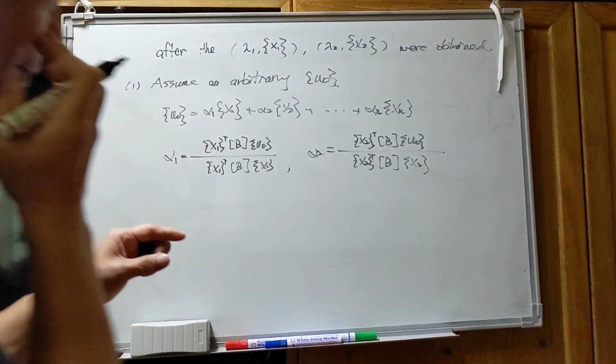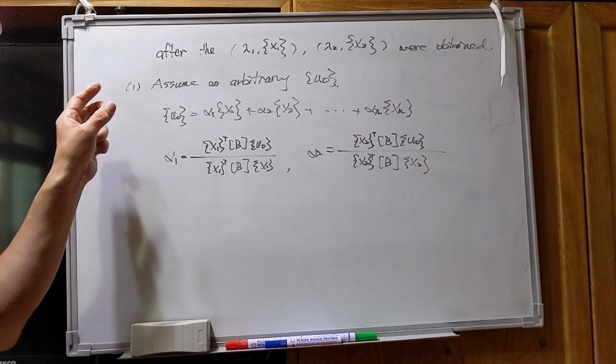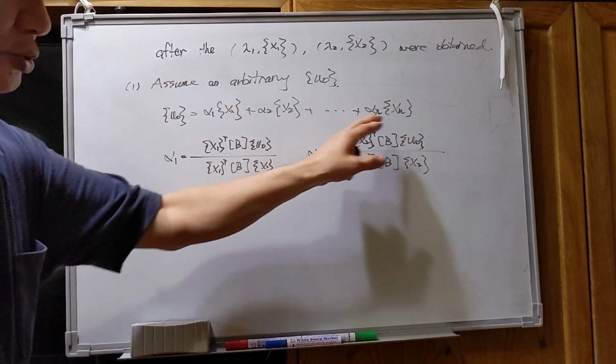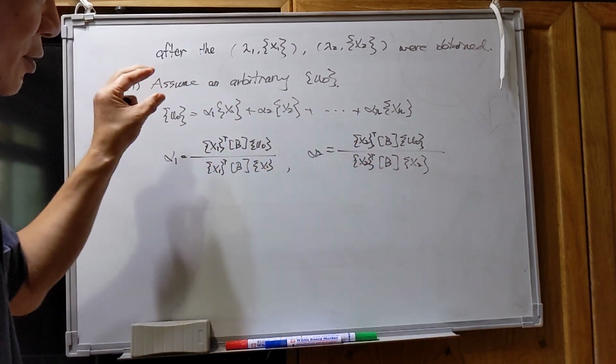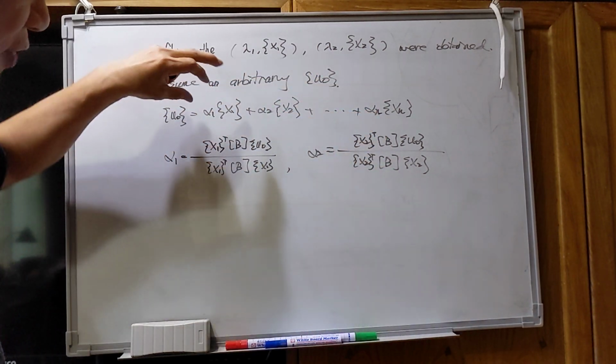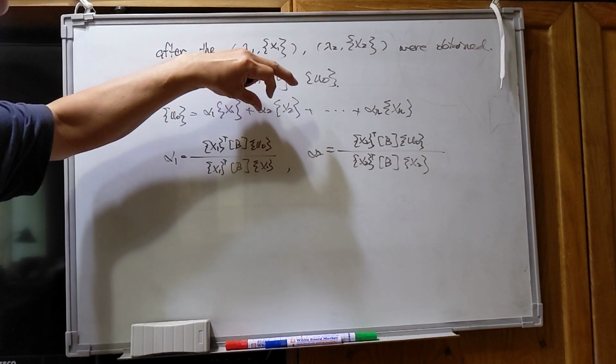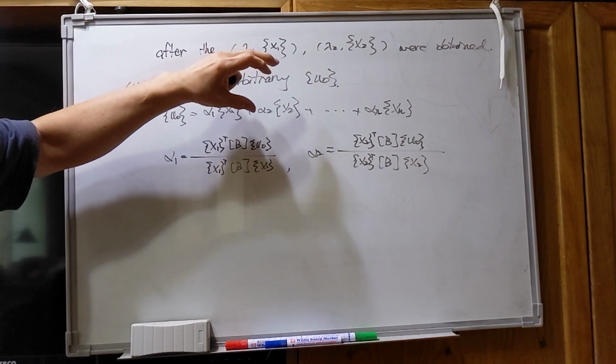You multiply x2 transpose B to the vector, and you will find only the second term is non-zero.